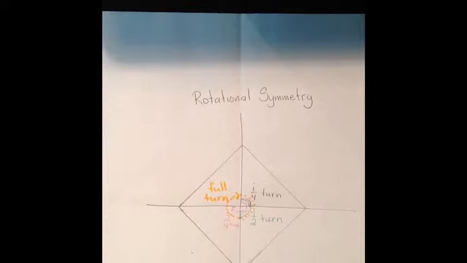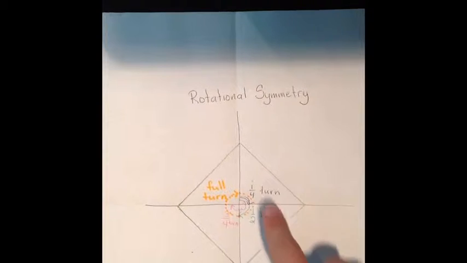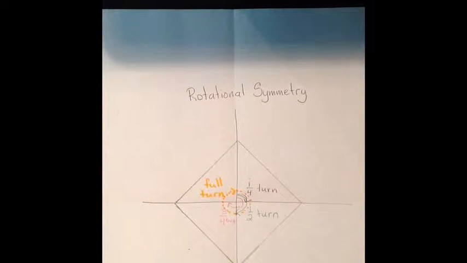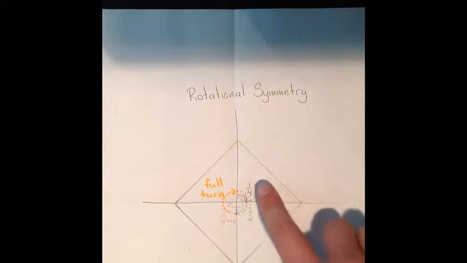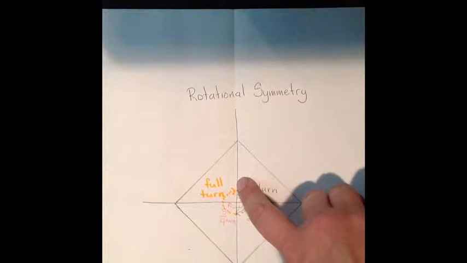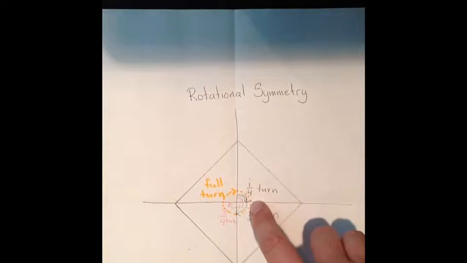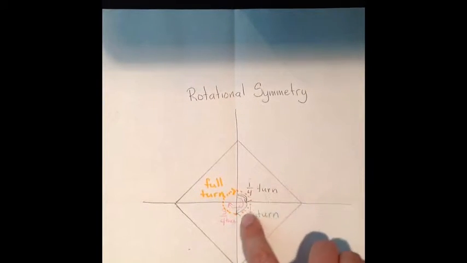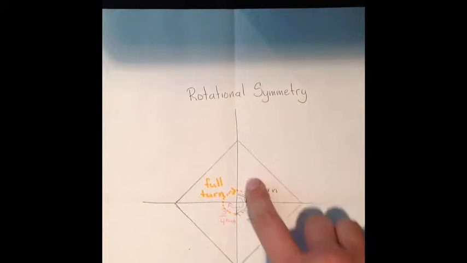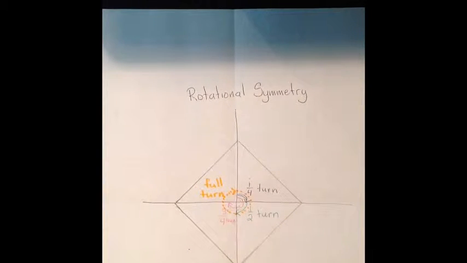Now let's talk about rotational symmetry. Remember this idea of turns when we were talking about angles, right? So 90 degrees is a quarter turn, 180 degrees is a half turn, 270 is 3/4 turn, and a full turn is 360 degrees.